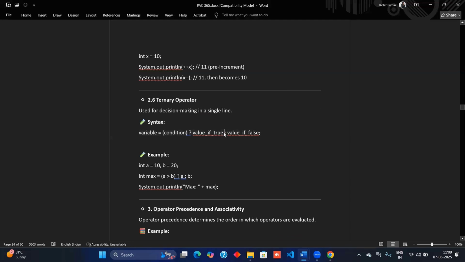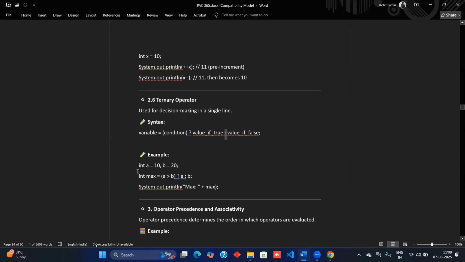Else, the value for false will be assigned to the variable. First the condition is checked; if it is true, this value goes to the variable, else the false value goes to the variable. It is a simple meaning.